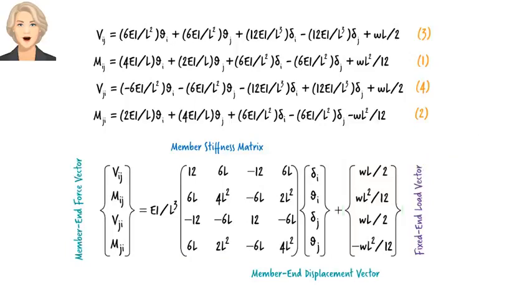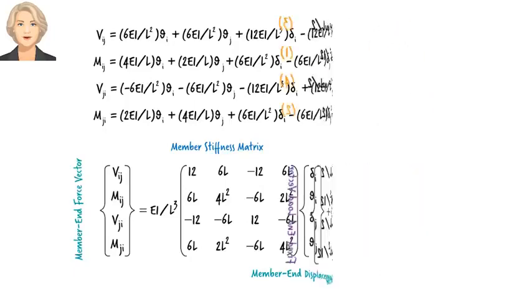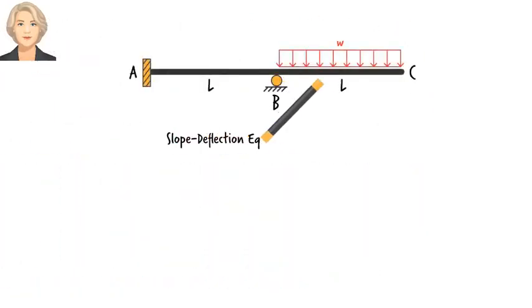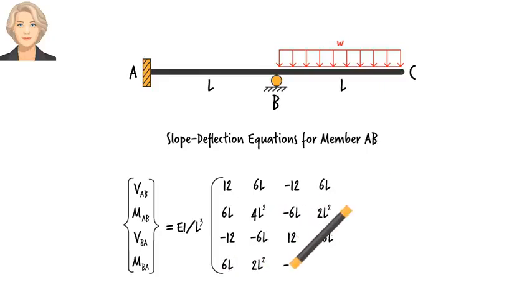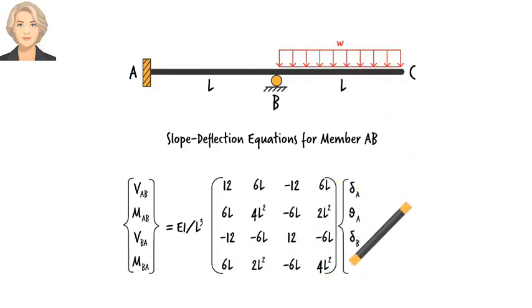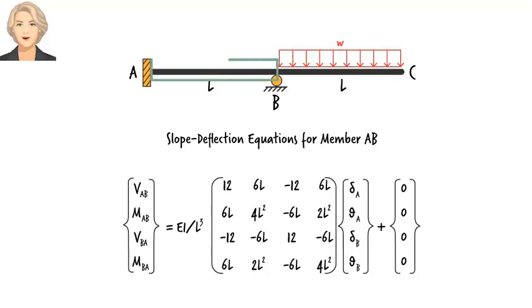Now, let's apply this system of equations to each beam segment. For member AB, we get: since the segment is not subjected to any loads, the fixed end load vector consists of 0 elements only.